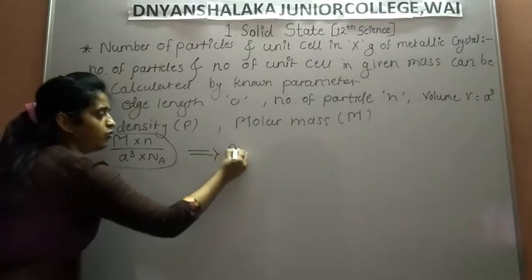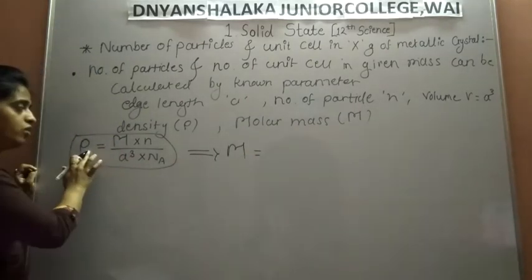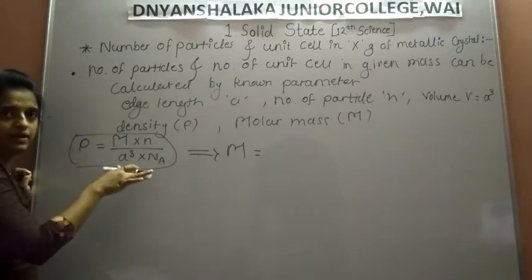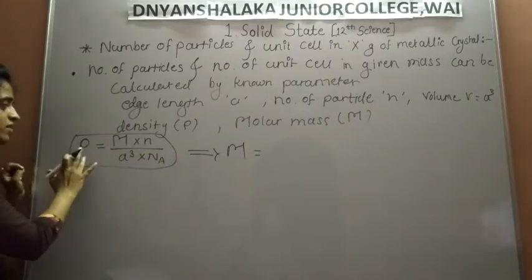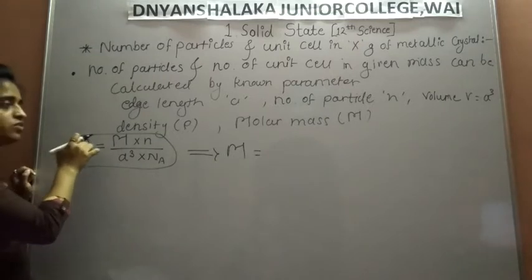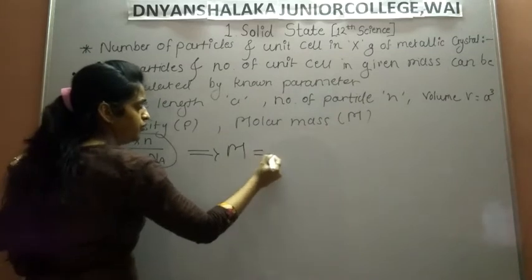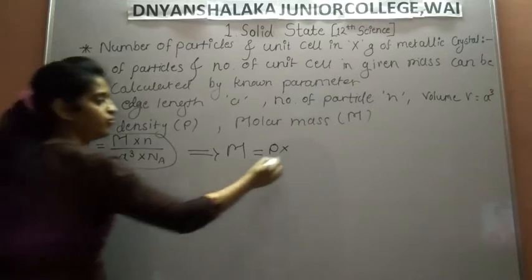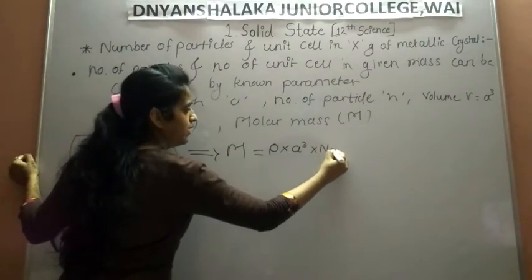Rho is on the left side, and the denominator terms shift to the other side, so division becomes multiplication. So M into rho into a cube, the volume of unit cell, into Avogadro number Na.